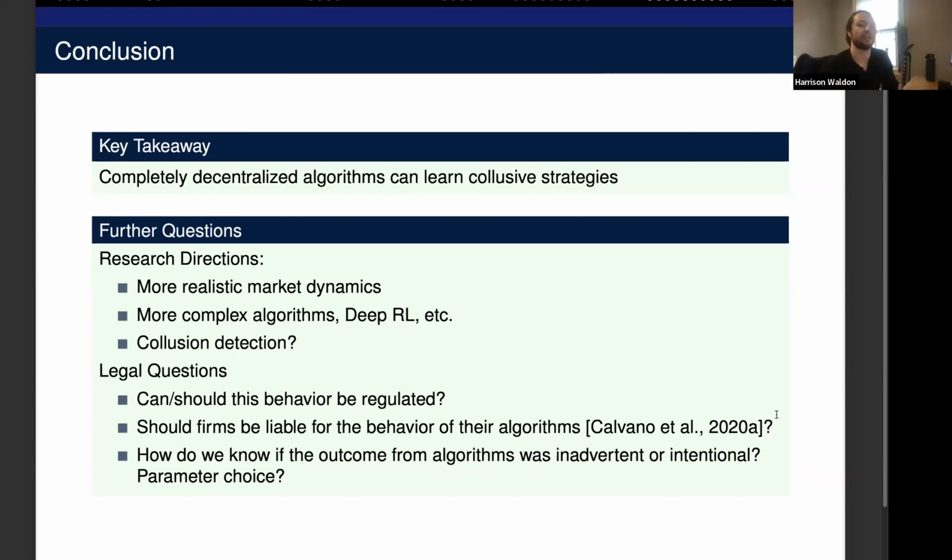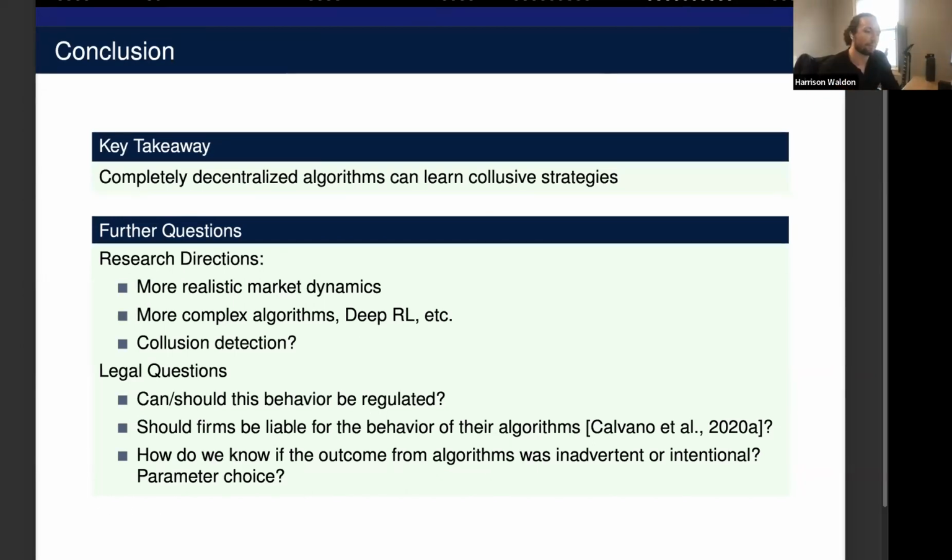So we want to study deep RL algorithms rigorously and theoretically, and see which equilibria and which prices these algorithms can learn theoretically. And the algorithmic learning equations that I've presented here can be applied in both of these directions. So this is definitely something that we will be doing.